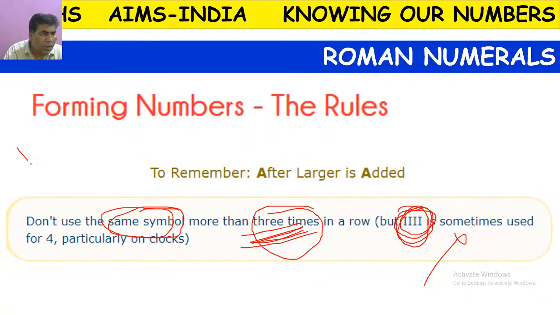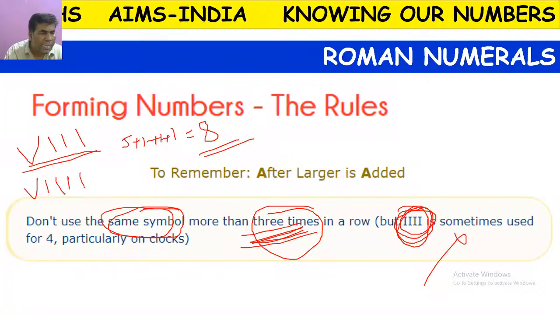Here for 8, what are we telling? 1, 2, 3. Already 3 times we have added. 5 plus 1 plus 1 plus 1. We got 8. If we write like this, what is this value? 9. Because 5 plus 1, 6, 7, 8, 9. But here I have added 4 times.